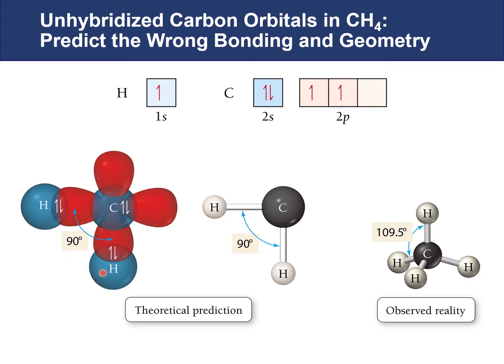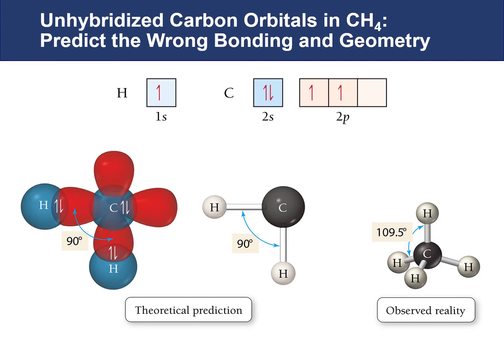But when we're bonding carbon with hydrogen, we get methane, CH4, so we would get four bonds as opposed to the two that would be predicted by looking at the electron diagrams. We get four bonds, and the angle is 109.5.